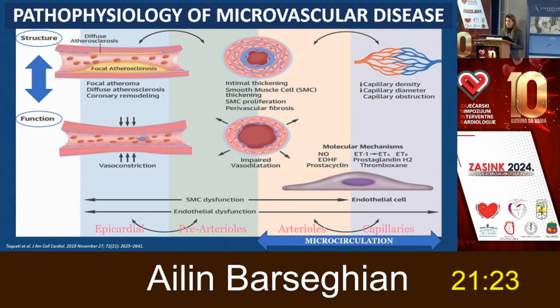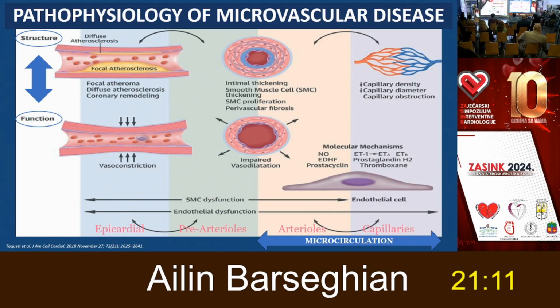So in the picture on the top of the microvasculature, some of the disease processes are smooth muscle thickening, smooth muscle cell proliferation, perivascular fibrosis, intimal thickening, or it could be a result of impaired vasodilation. And when these disease processes occur is when we get obstruction in the microvasculature.